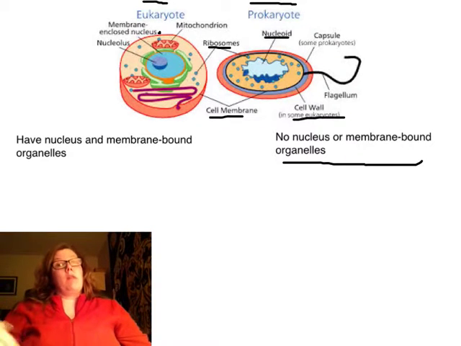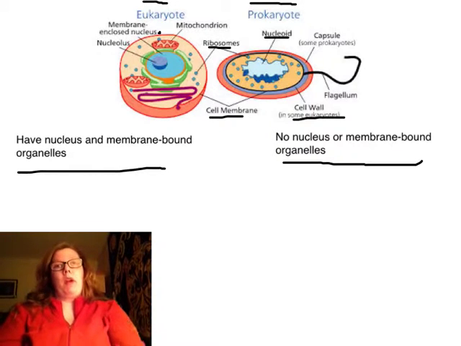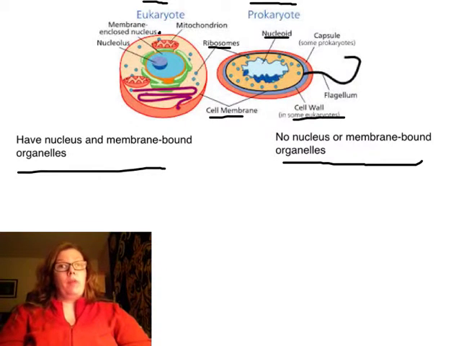So the structure of a prokaryotic cell wall is very different from that of your common eukaryotic cell walls. So that's another difference. The eukaryotes have the nucleus and the membrane-bound organelles, which means they're going to be bigger.